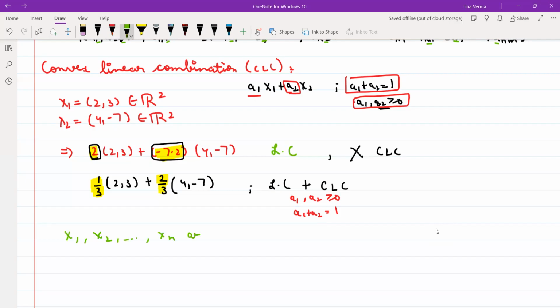xn, any numbers that can belong to any plane. For now you just take R2.